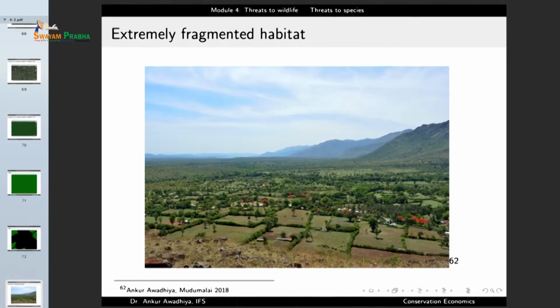But now with the settlements, we can see that these hills still have some forest left, but the rest of the place is now completely converted into a human dominated landscape. And in such landscapes, people set up fencing, and because of that, animals are unable to cross into these landscapes. And the hills that are left are so high that the elephant will not be able to cross through this landscape by going through the hills, because it's a very massive animal.